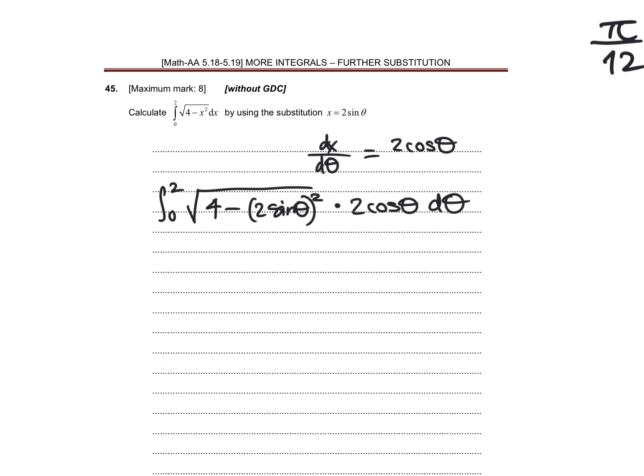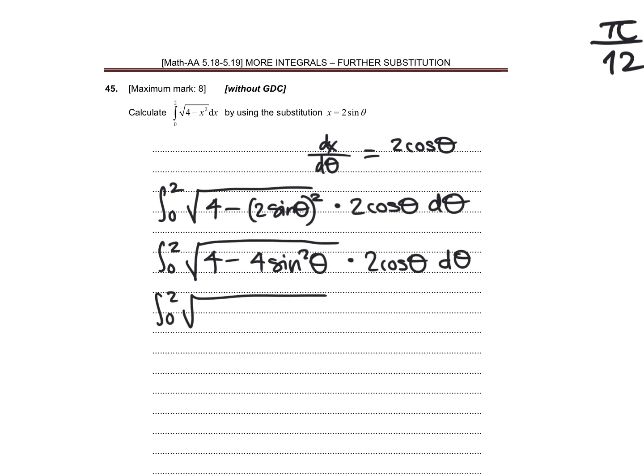So now 0 to 2, factor out the 4, and it's going to be 1 minus sine squared, which is cosine squared.